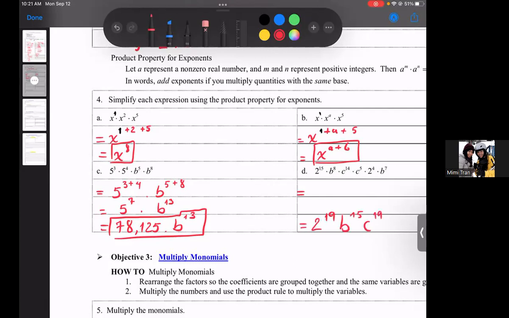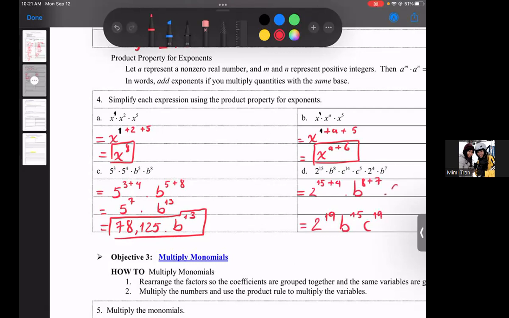All right, let's see. Okay, so we have how many bases here? 3, right? So let's take care of one at a time. 2 first. So 2, I see 2 to the 15. So 15 plus, I should have put a plus up here. Be careful, we're going to put the plus up in the power. Is that it? Yeah, that's it. So 2 to the 19. And then B to the 8 plus 7, 15.